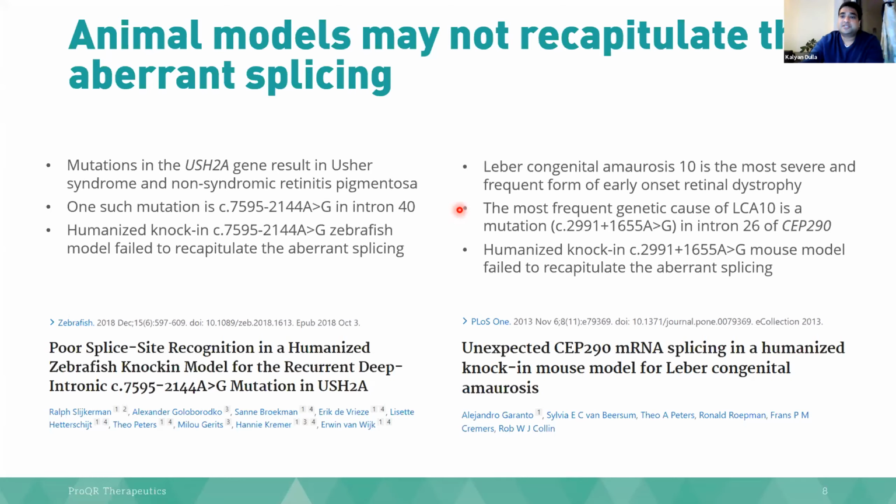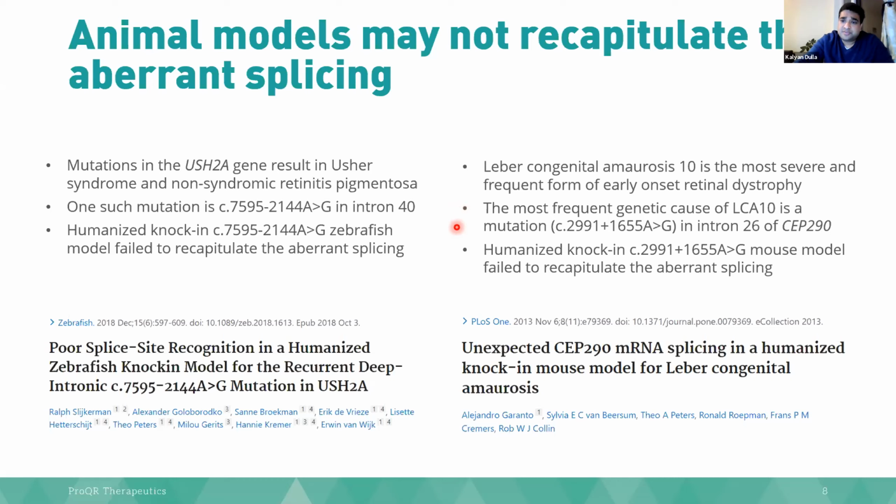Similarly, Leber congenital amaurosis 10, LCA10, is the most severe and frequent form of early onset retinal dystrophy. The most frequent genetic cause of LCA10 is a mutation in intron 26, c.2991+1655A>G.